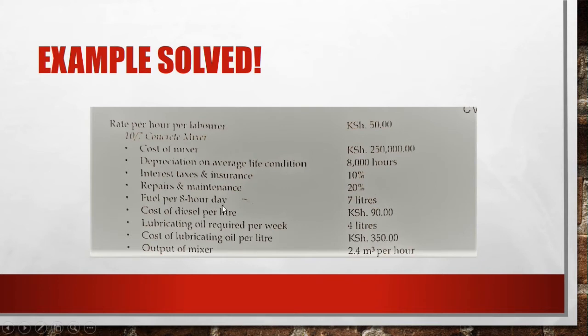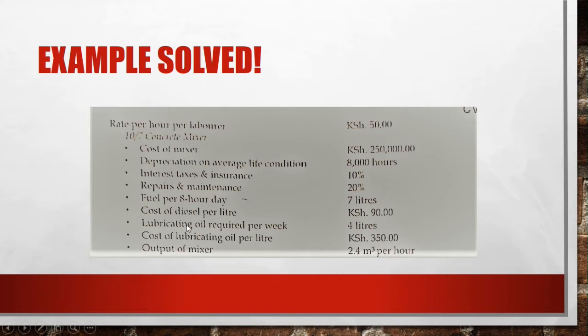Fuel per 8-hour day, meaning the 10/7 concrete mixer works an average of 8 hours in a day, is 7 liters per day. The cost of diesel per liter is 90 shillings.